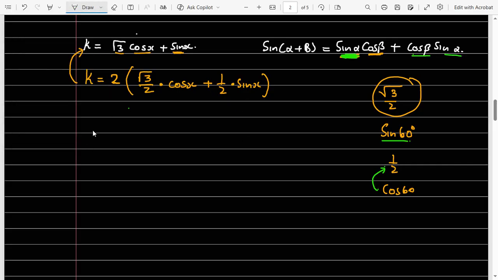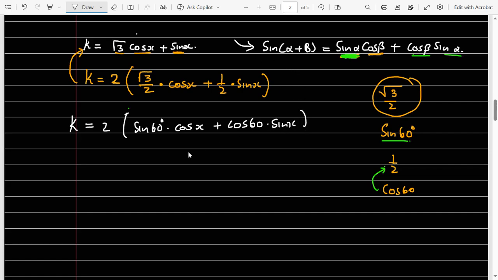What I'm going to do now, this will be k is equal to 2 root 3 over 2. I know that I can substitute that as what? The sine of 60, and then times the cos of x, then plus 1 over 2, I can write that as the cos of 60 times the sine x. The aim is to have this.